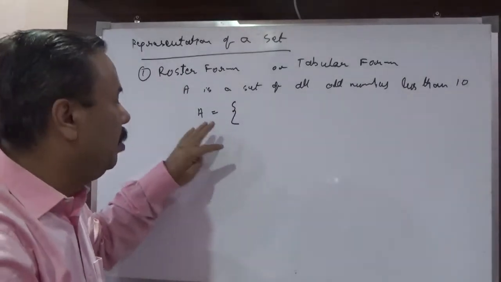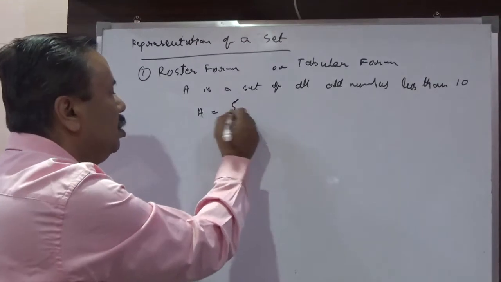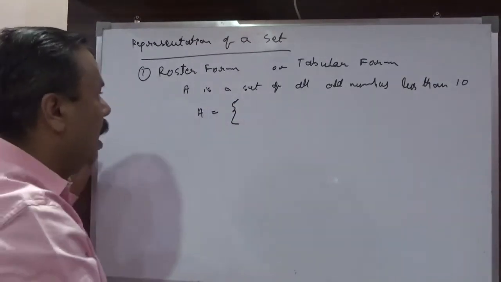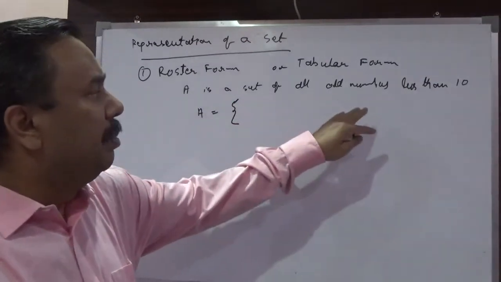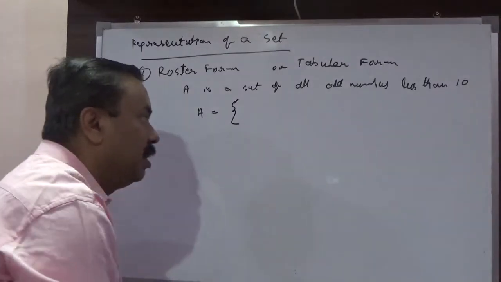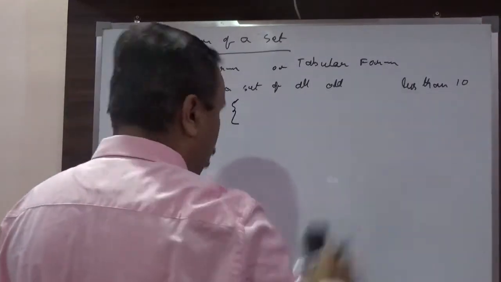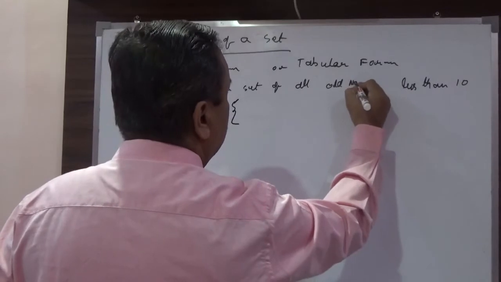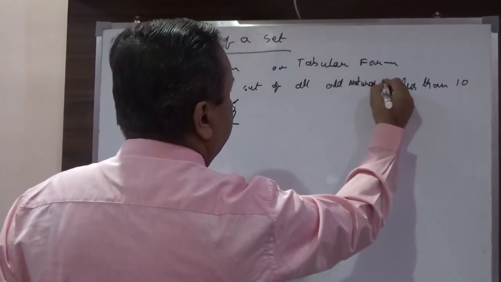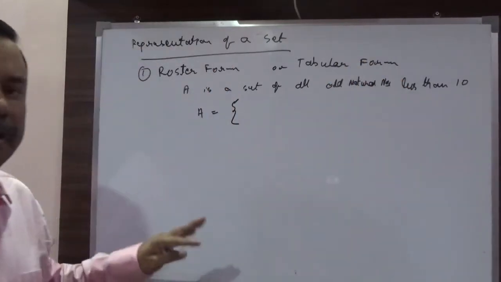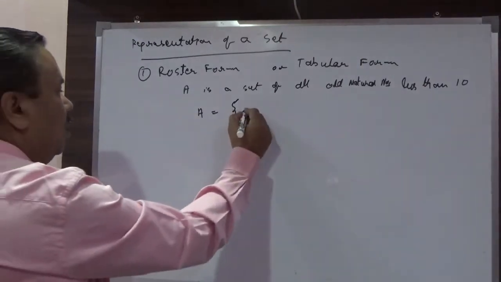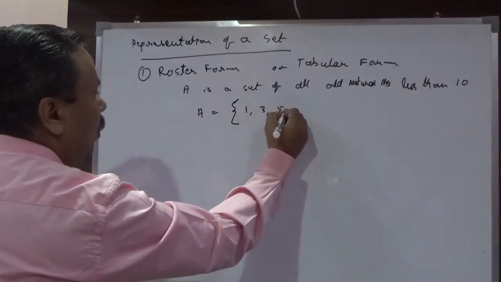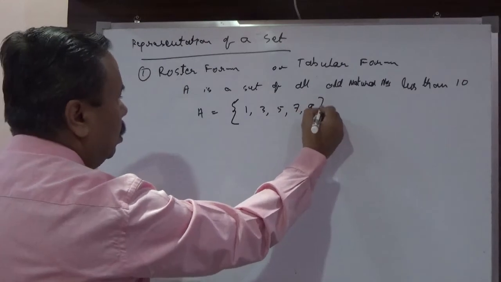You have to use this bracket only, always. And now all odd natural numbers, I should specify. So these will be 1, 3, 5, 7, 9.